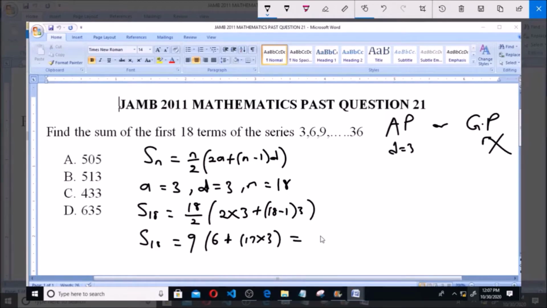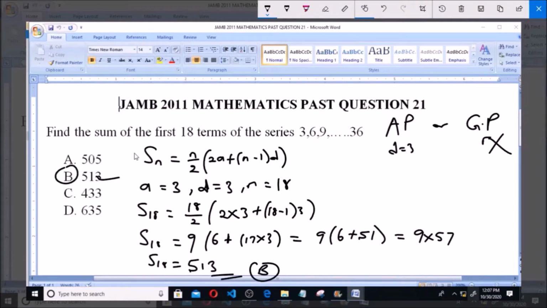This is equal to 9 into 6 plus 51, because 17 times 3 gives us 51. And this is equal to what? 9 times 57. So therefore S18 is equal to 9 times 57, which gives us 513, and that is option B, 513.